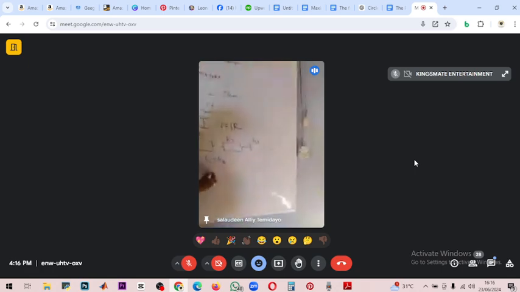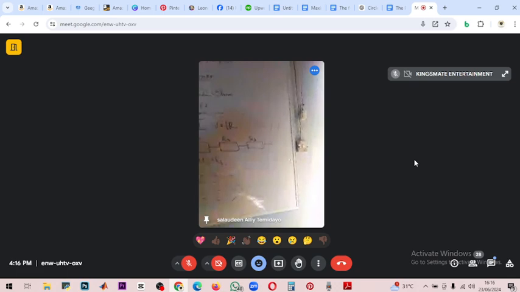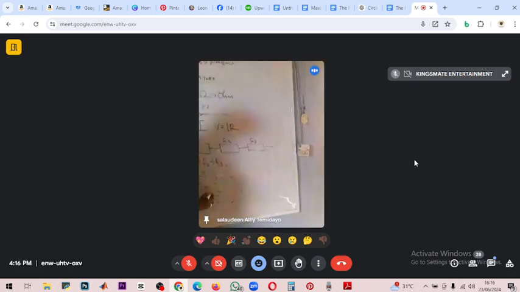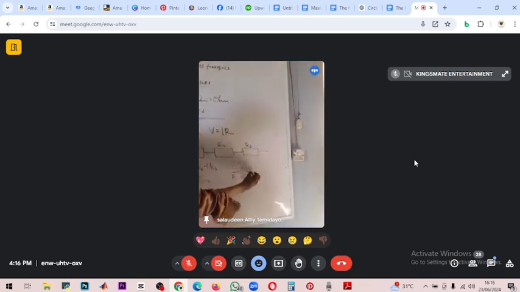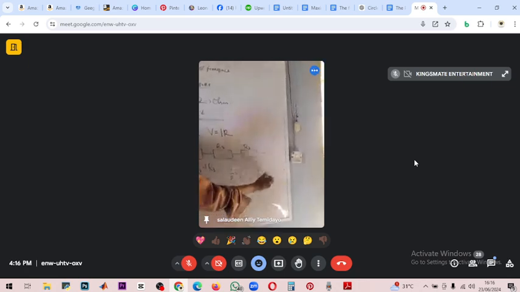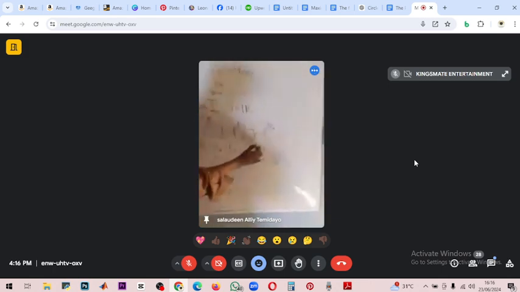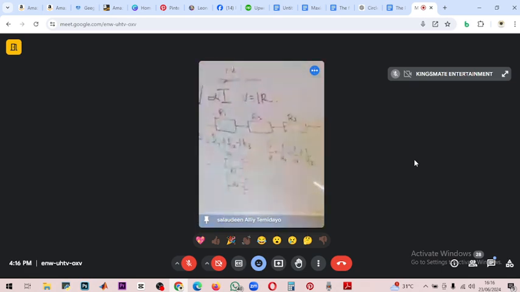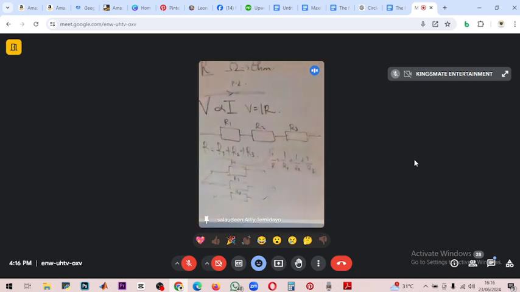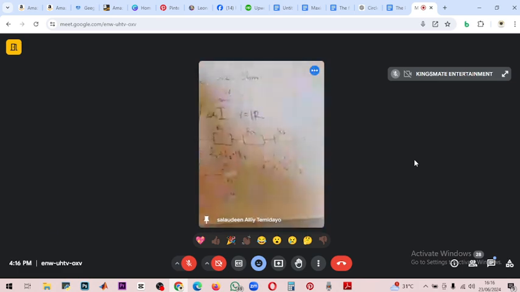But if we have them arranged in parallel like this, then 1 over R equals 1 over R1 plus 1 over R2 plus 1 over R3. So the parallel equation for resistors is the series equation for capacitors, and the series equation of capacitors becomes the parallel equation of resistors. That is what we are trying to say from this.